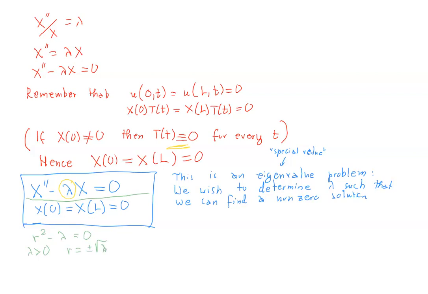And in that case, the general solution of this equation is going to be x of t is equal to c1 e to the square root of lambda times t plus c2 e to the negative square root of lambda times t. Okay, so that will be the solution in this particular case.